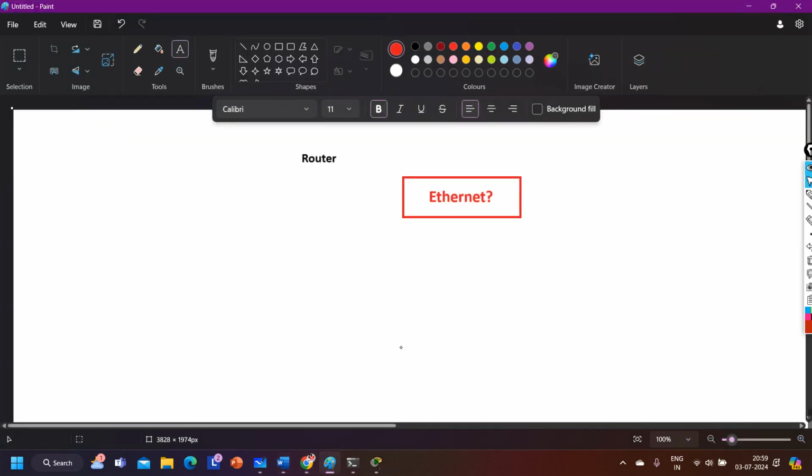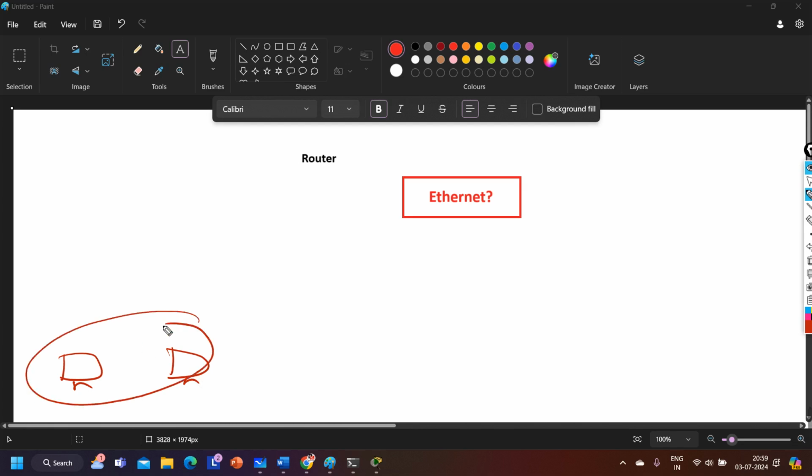So now tell me, if you have two computers, guys, can you make a network here? Can you make a network of these two computers? Making a network means you need to choose the correct cable, right? The correct speed according to your requirement. Not like connecting any cable and configuring IP.